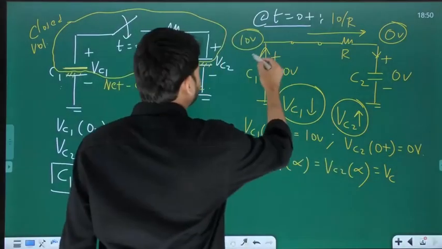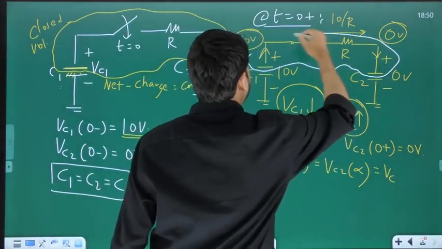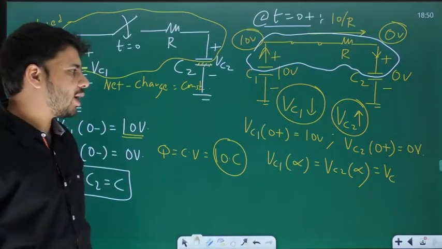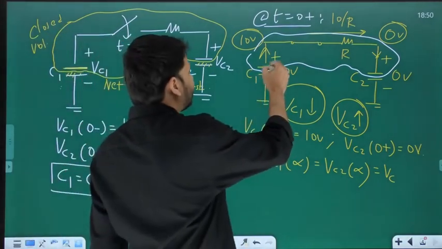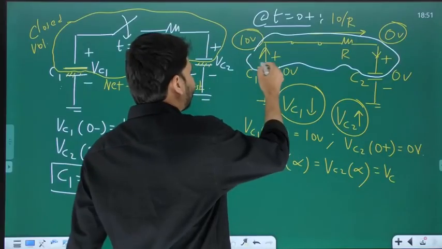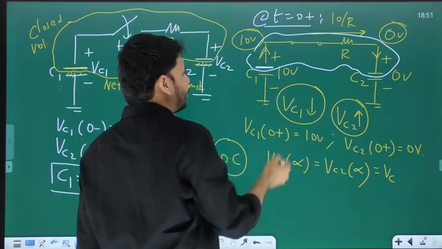Once again let me take the same closed volume. What is the net charge within the same closed volume at infinity? Now for C1 the voltage drop is what? Vc. For C2 also the voltage drop is what? Vc. What is the charge stored on the top plate of C1? Is it not Vc into C?